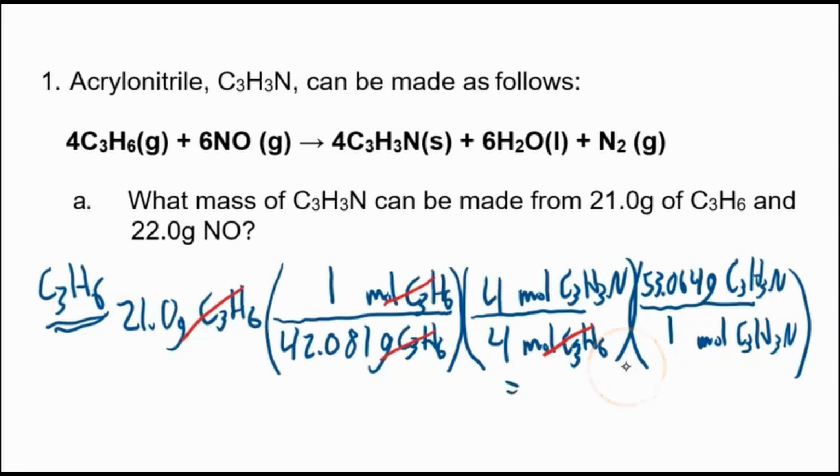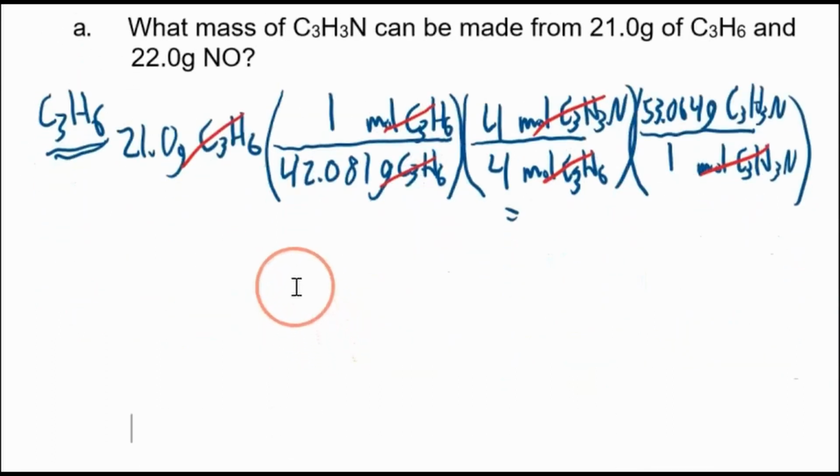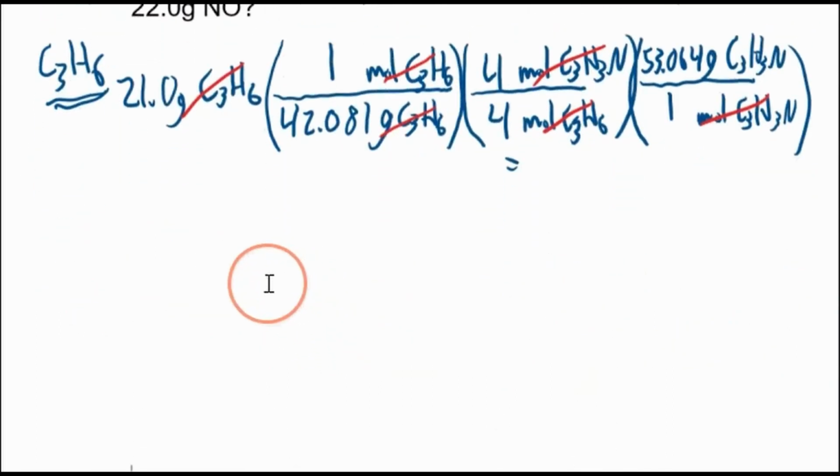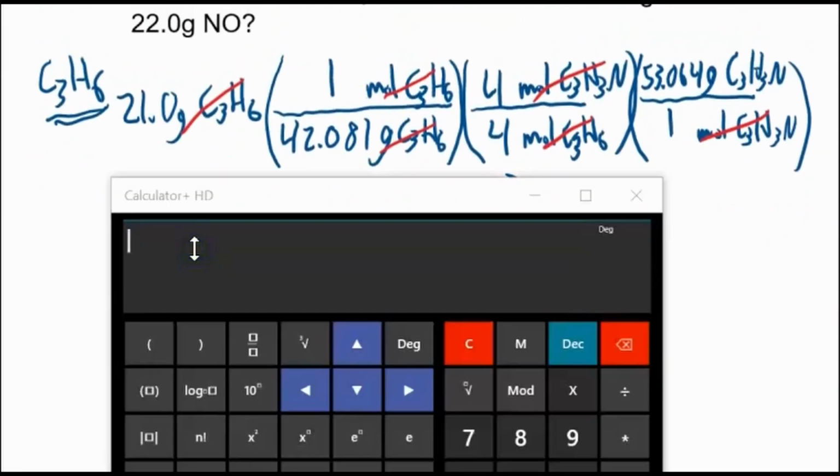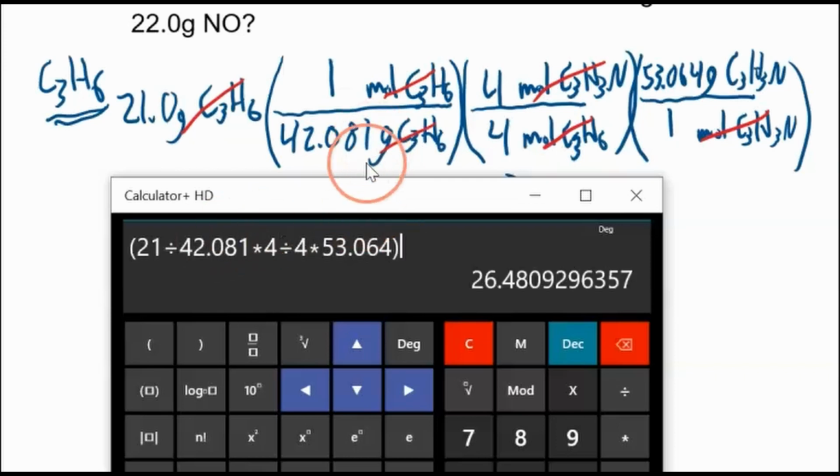Okay, and it's always fun to cancel our units out to make sure we're in the proper units. Okay, so we'll plug that into our calculator. So 21 divided by 42.081 times 4 divided by 4, which is just 1, but I'll put it in there anyways, times 53.064, gives 26.48.